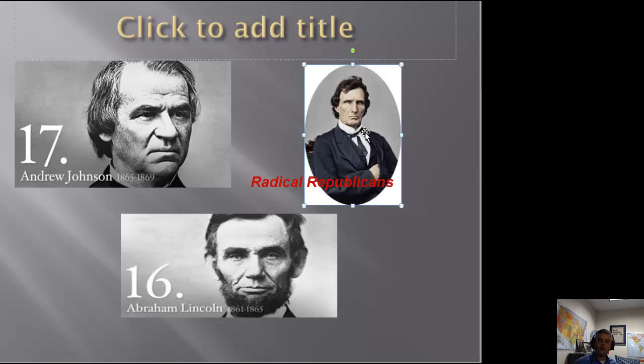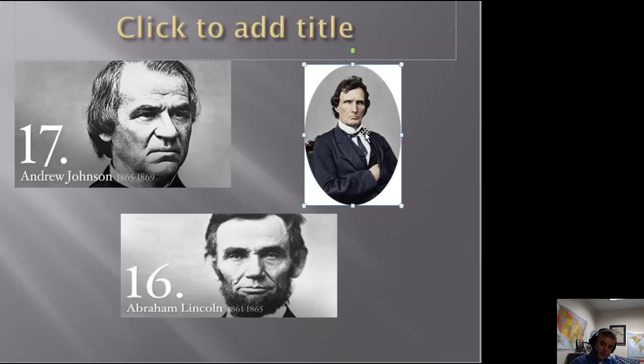So a little background before we get into the first learning objective. Reconstruction, it's from 1863 to 1877, as posted right here. And it is just the process that developed following the Civil War, reconstructing physically the South from the destruction of the war.